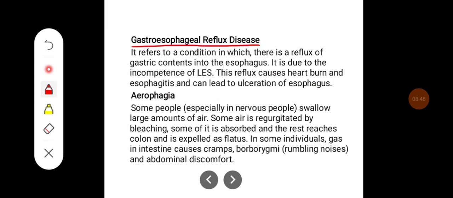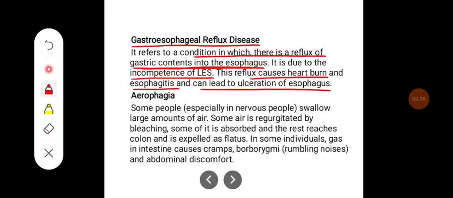Gastroesophageal reflux disease refers to a condition in which there is a reflux of gastric contents into the esophagus. It is due to the incompetence of the lower esophageal sphincter. This reflux causes heartburn and esophagitis and can lead to ulceration of the esophagus.